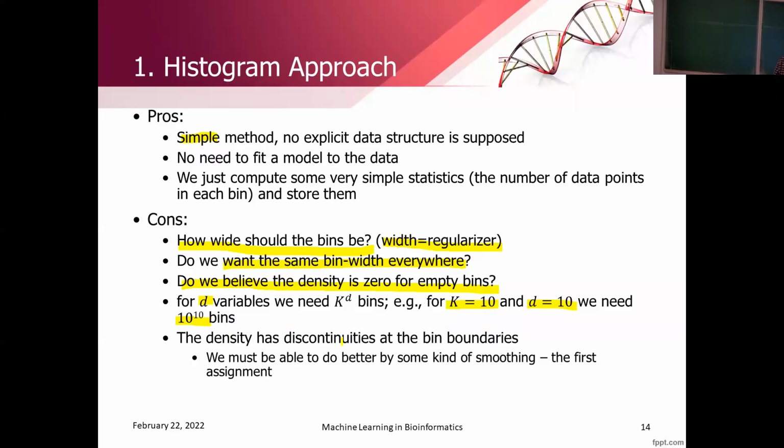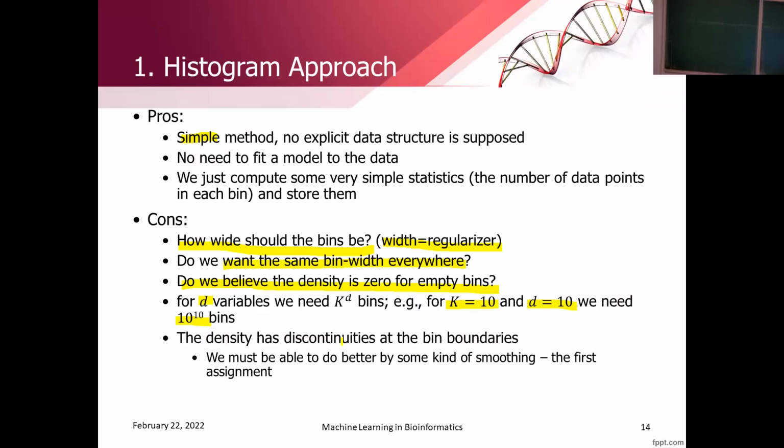You will do that in the first assignment, and the idea is simple. Instead of using bins, we can approximate the values in some interval with some smooth function. For example, something like a Gaussian curve, and then we can compute the approximation of the density function as a sum of Gaussians.